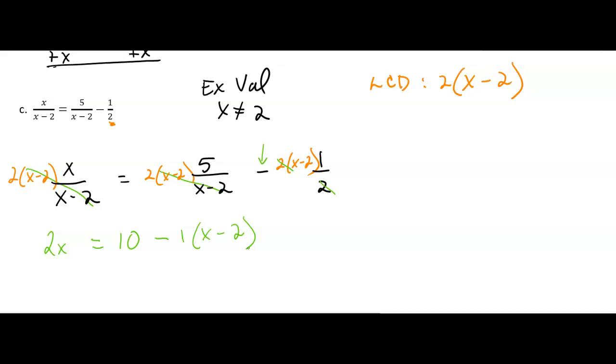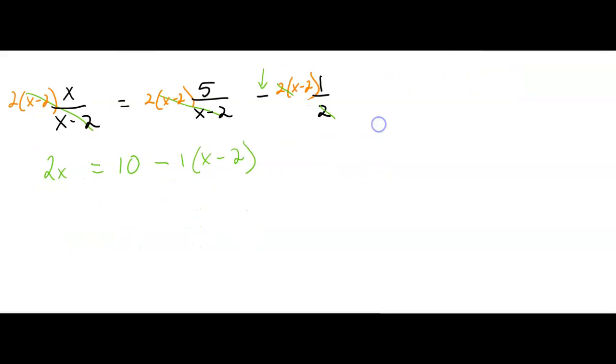Okay. So let's finish this up. I'm going to have 2x equals 10 minus x plus 2. Okay. 2x equals 12 minus x. So I can add x to both sides.